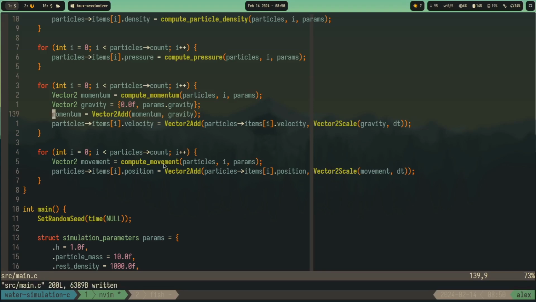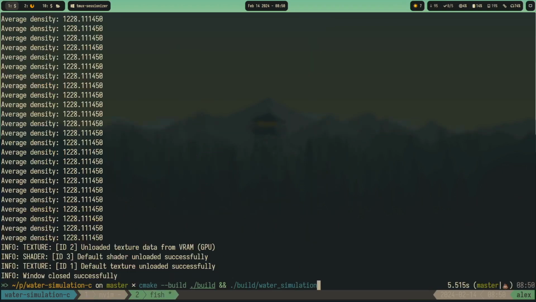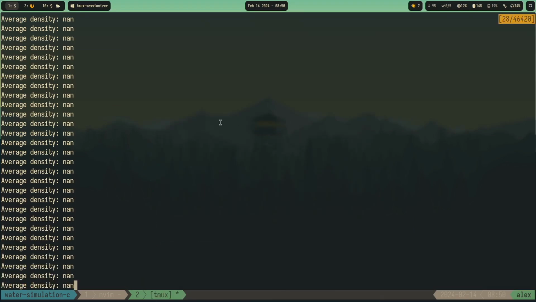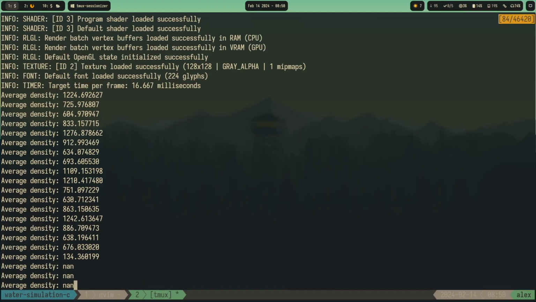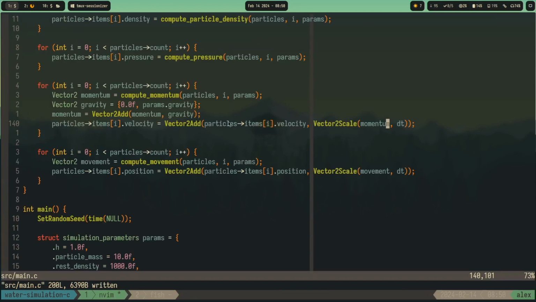And if we actually do momentum here, momentum. Come on, come on, come on. Oof. That still sucks.